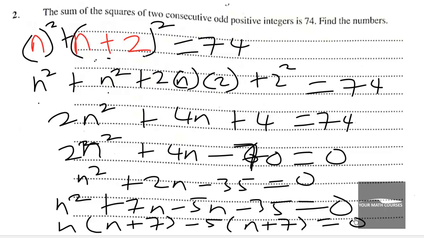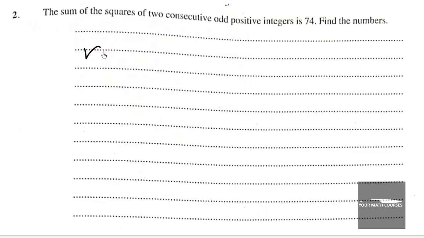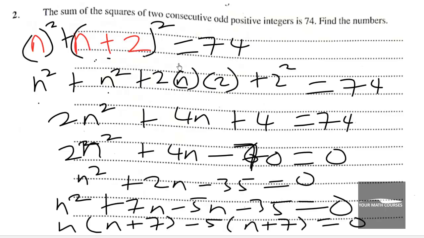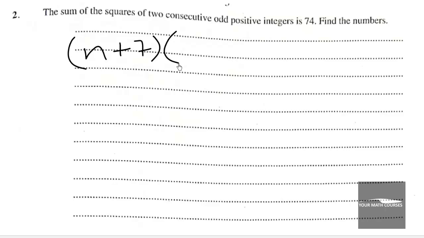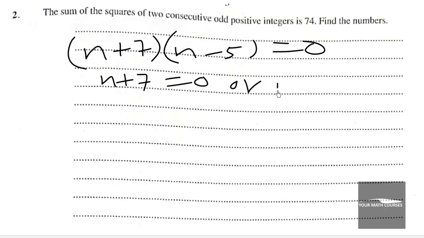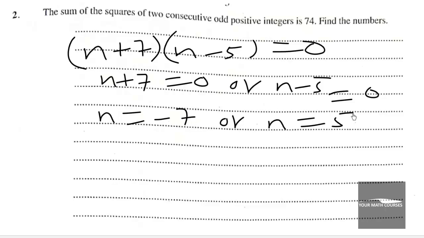So the factored form will be (n plus 7)(n minus 5) is equal to 0. So we will have either n plus 7 equals 0 or n minus 5 equals 0. So n will be equal to negative 7 or n will be equal to 5.